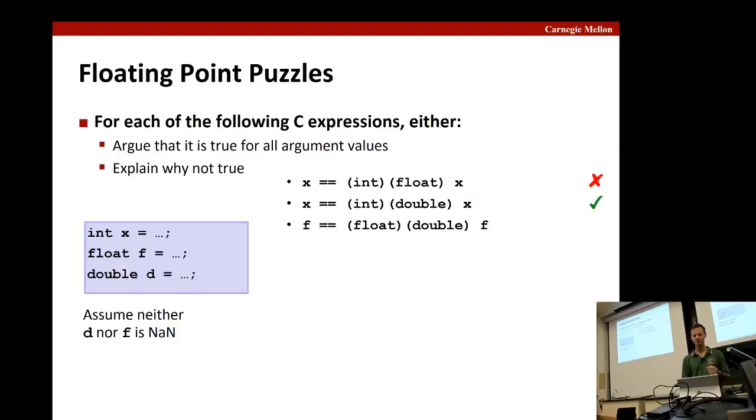What about this one? I start off with something that's a float, I cast it to double back to a float. Does that work? Yep. Okay. What about the other way around? Take a double. No, you're going to lose a lot of bits there, right? Should be good, right?